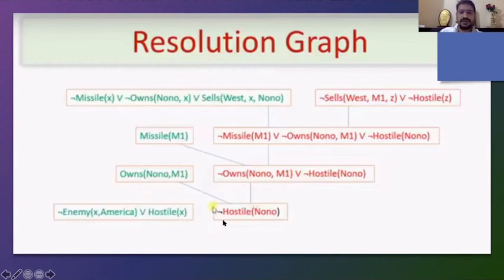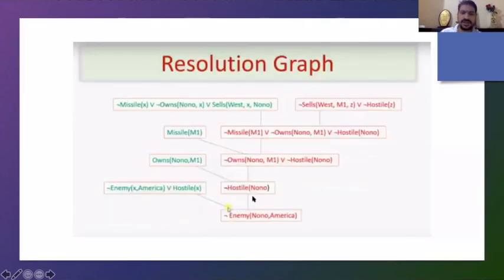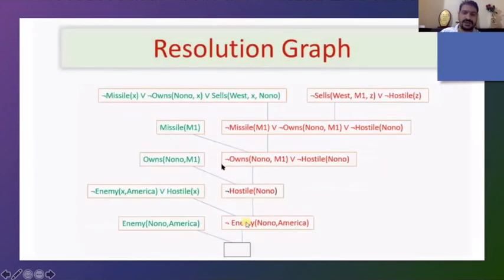This X will be converted into no. So what we'll get is only negation of enemy no, comma America. After that, we'll apply another sentence, enemy no America, that is there from the sentences. So these two will be cancelled out with the help of unit resolution, and we'll get null.